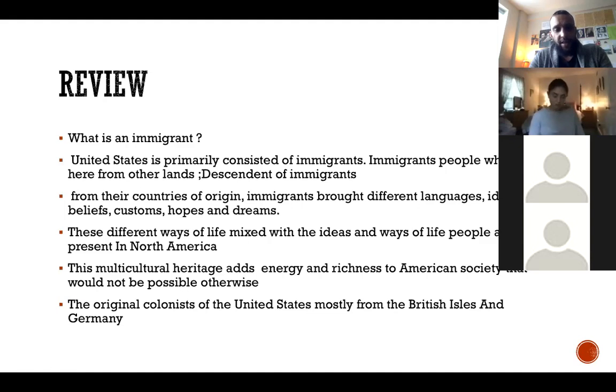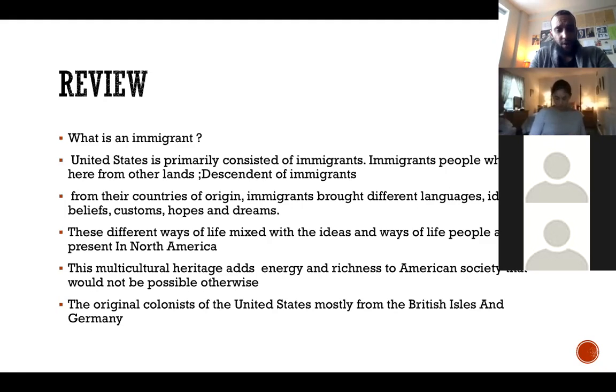So the United States is primarily consisted of immigrants. All right, it's a North American continent. And immigrants are people who came here from other lands, or they're the descendants of immigrants. So everyone that is in this Zoom room right now, unless you are Native American, whether you're Cherokee or Seminole or Iroquois, if you are one of the original Indian tribes, then you are not an immigrant, or if you are a Moorish American, you are not an immigrant.